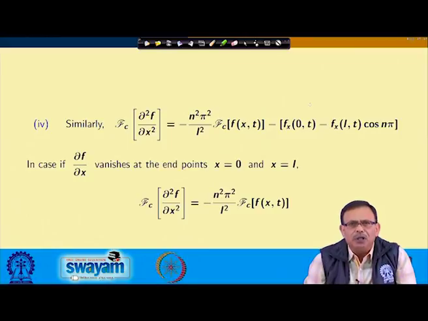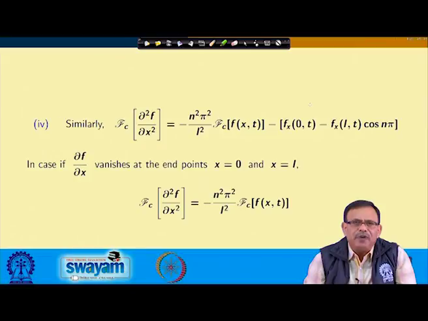This I am not showing you, because if you follow the method we have used for the finite Fourier sine transform of del 2 f by del x square, in the same way you will get this particular equation.